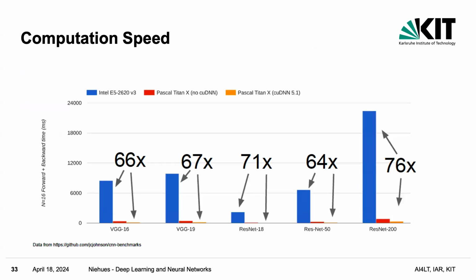Okay, so what does it mean to have some numbers here? These are graphic models, VGG or ResNet, and you see the difference between running it on a CPU or running it on different GPUs. You see that these networks are really 60 to 70 times faster if you run it on a GPU.